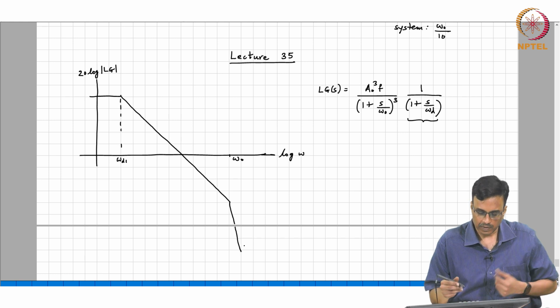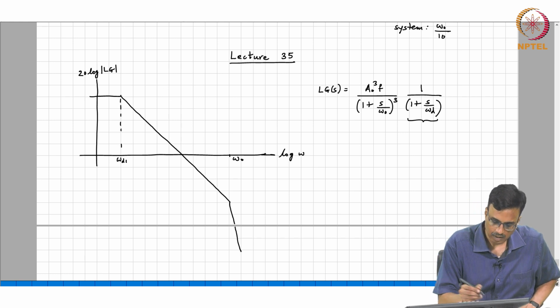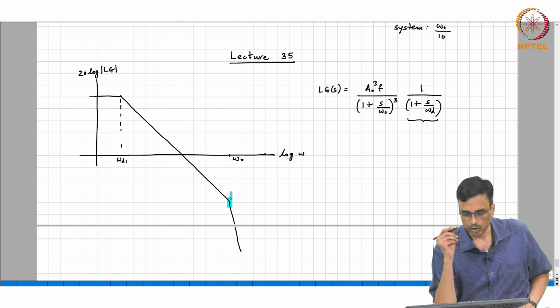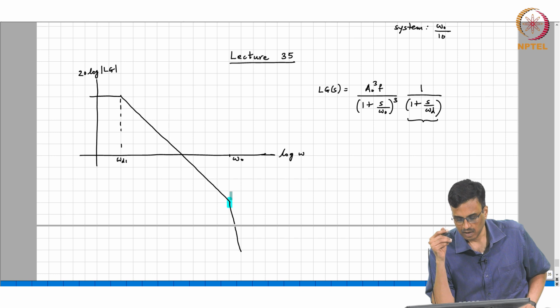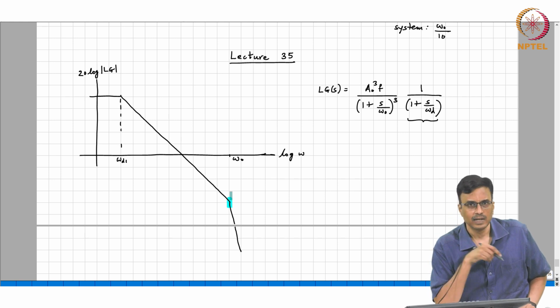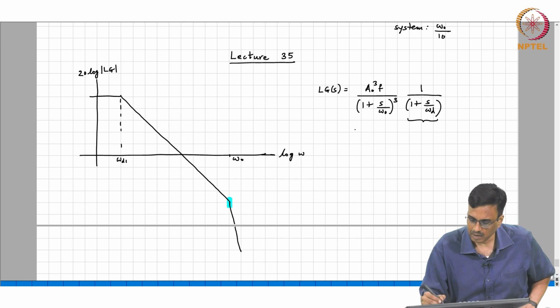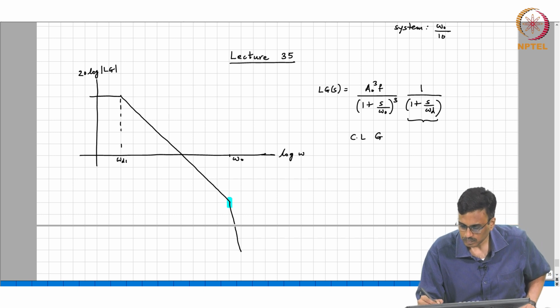And of course, at omega naught and thereabouts, the frequency response deviates from that of the first order system, but at that point the magnitude response is so small. The closed loop gain, remember, is nothing but 1 over f times loop gain by 1 plus loop gain.